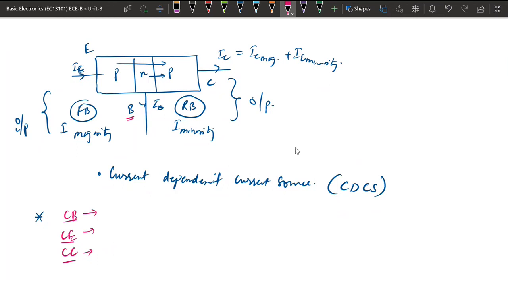Based on that we will be configuring the different terminals of BJT, and we will operate that BJT in different modes of operation. So we will see next how the BJT is going to work as an amplifier in three different modes of operation. Okay.